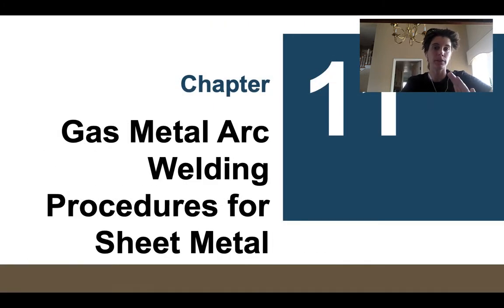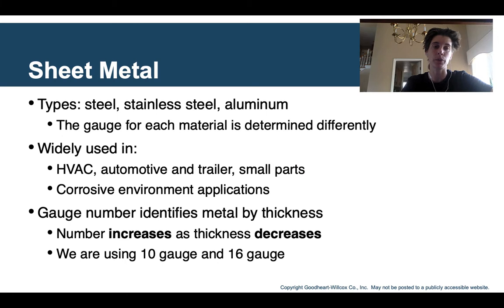Now, a couple of specific things about sheet metal, because that is a little bit different because it's thin. Sheet metal could be steel, stainless, aluminum, any kind of material, ferrous or non-ferrous. But you determine the thickness by what's called the gauge. Well, we have 10 gauge and 16 gauge. Something important to remember is that steel, stainless, and aluminum all have different gauges.